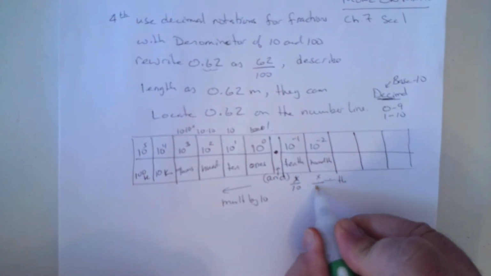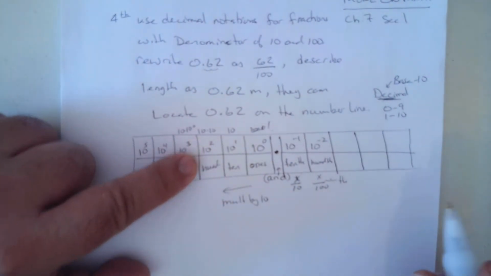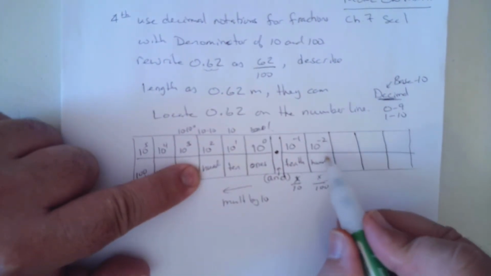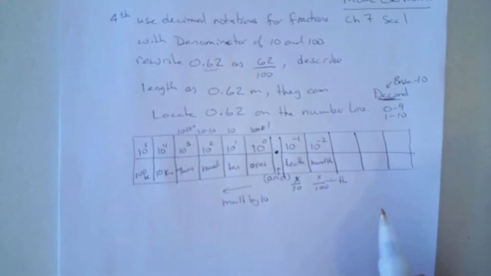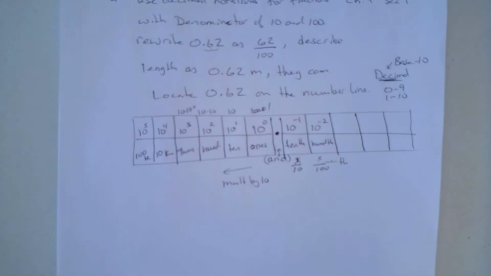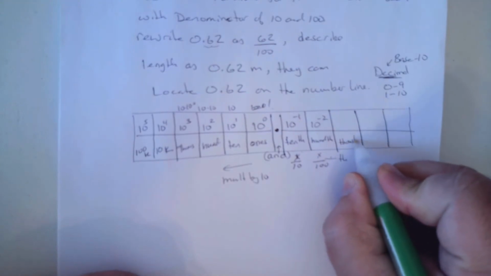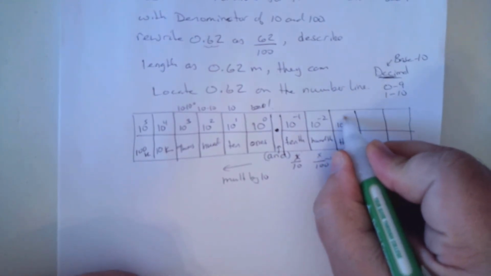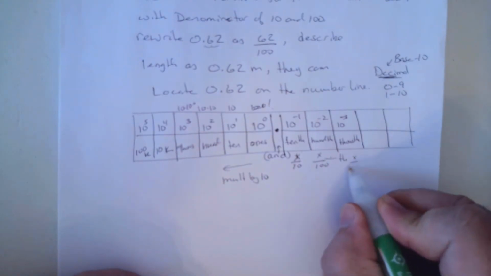It's whatever number is divided by 100. So 10 to the second is 100. But now, since it's on the bottom, it's a negative exponent. I'll discuss that later on. But these are really what's happening. Then next is the thousandths. That's 10 to the -3rd, which is x over 1,000.